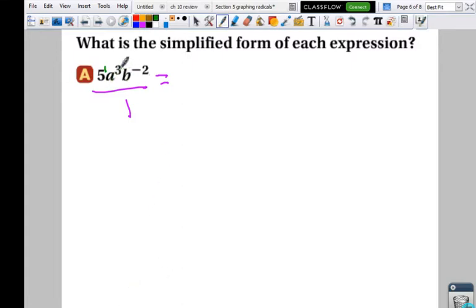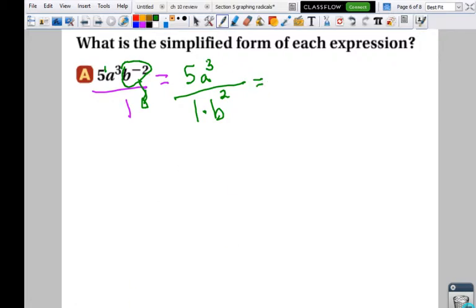I have an a to the third. That is not a negative 3, so it's going to stay up top. So this 5 stayed up top. A to the third is going to stay up top. But b to the negative 2, that has a negative exponent. It's going to flip to the bottom here. So I'm going to go 1 times b squared like this.